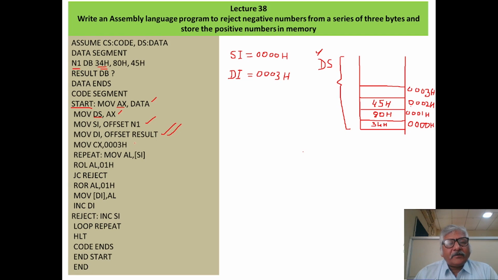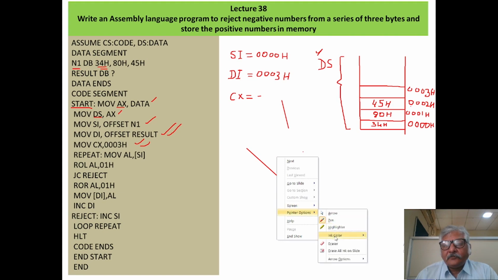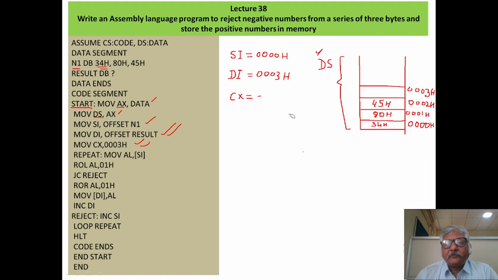Okay, now the next instruction, move CX comma 0003. With this instruction, in CX we will load 0003.